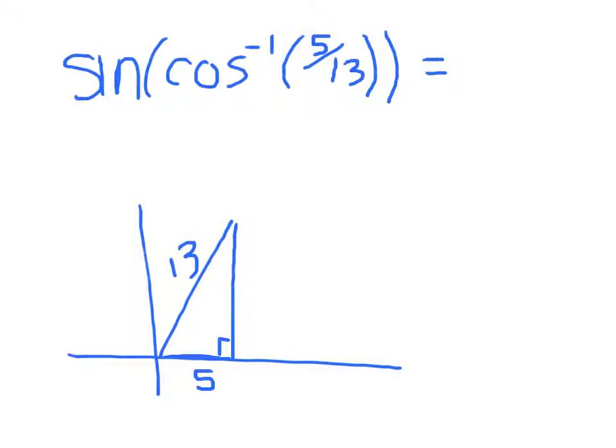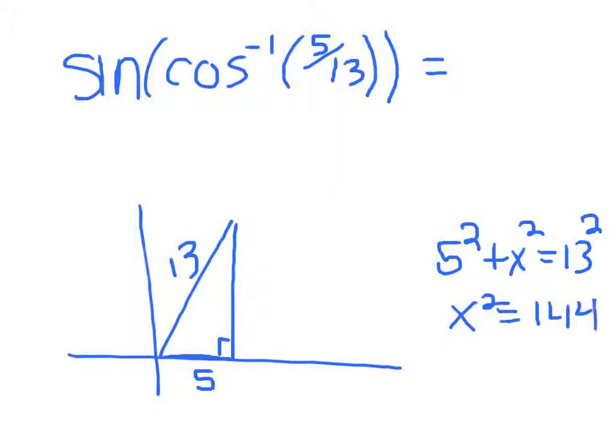If you don't, you need to bust out Pythagorean's theorem. 5 squared plus x squared equals 13 squared. A lot of you got a problem similar to this wrong on the quiz because you didn't do order of operations right. This is x squared equals 144, and so x is equal to 12. I'm going to keep it in quadrant 1. So this is asking me to find the sine of the angle whose inverse cosine is 5/13, and since sine is opposite over hypotenuse, the sine would be 12/13.